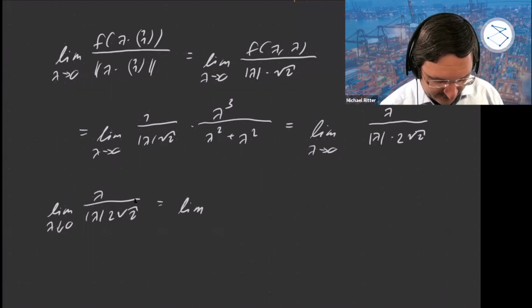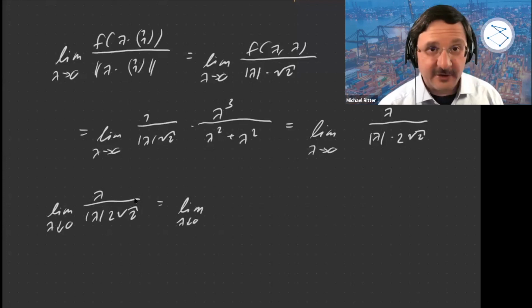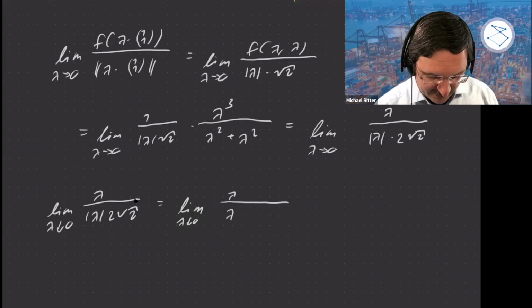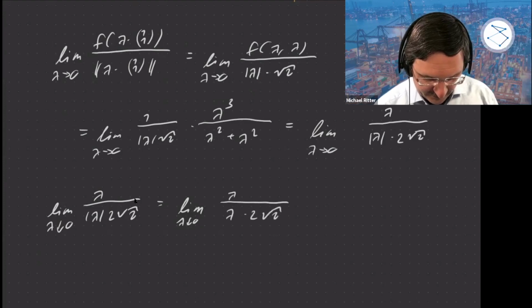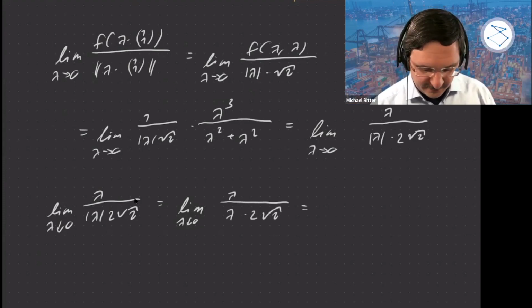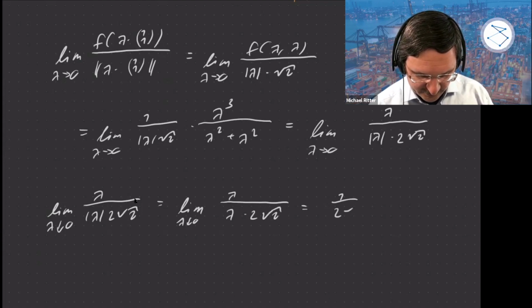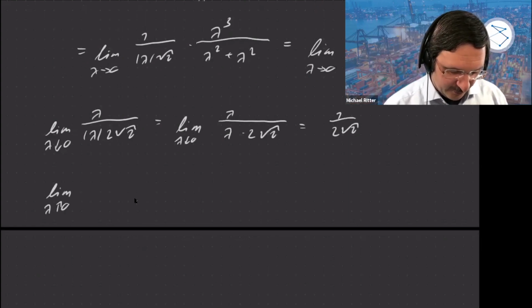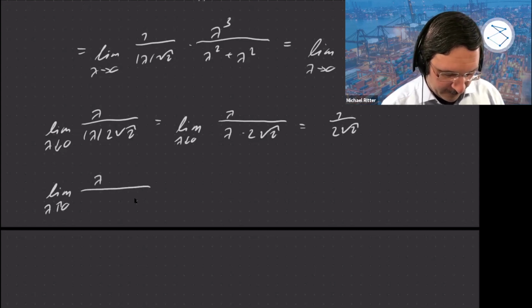That will then be the same as, well, in this case, lambda is positive. So the absolute value of lambda is the same as lambda. So that's simply 1 over 2 square root of 2. And we can consider the limit as lambda goes to 0 from below. And again, compute that.